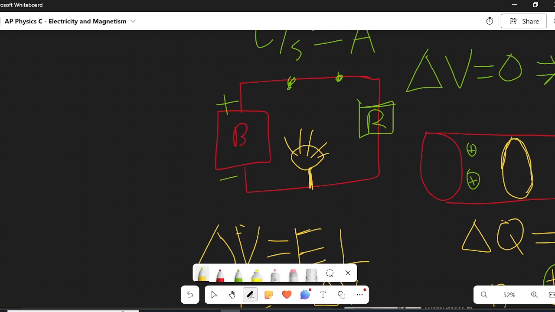A bulb is often used to demonstrate the power through a circuit. To our eyes, we can't really see what current is going through, so we can stick in a light bulb. The brighter the light bulb, the more the current, so the less the resistivity.